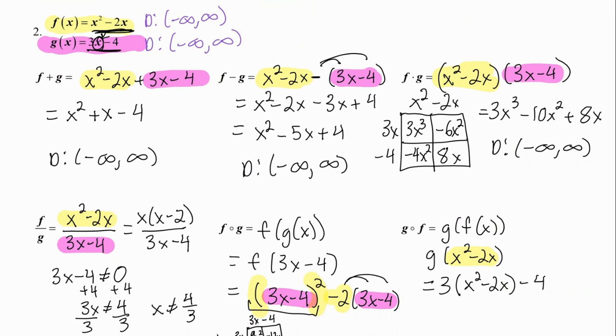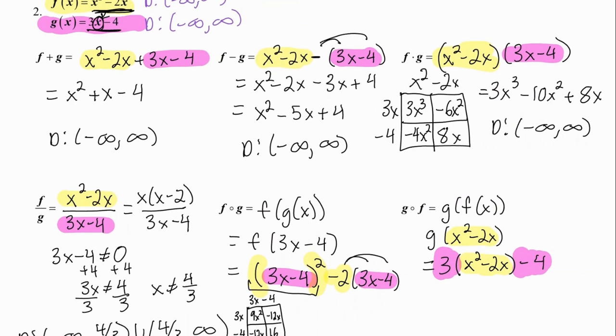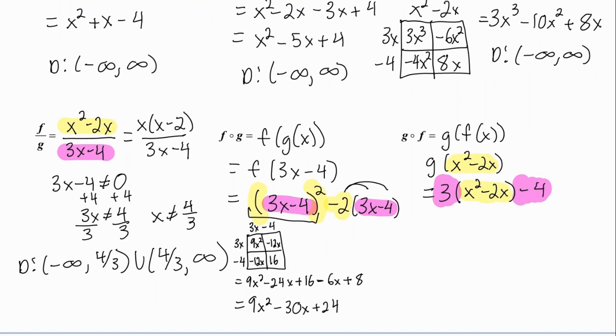So that x squared minus 2x is what we're plugging in, but the 3 and that minus 4 is all from that original g equation. So the only thing we're changing is x there. Okay, so then we would distribute out the 3. So we'd get 3x squared minus 6x minus 4. And again, we don't need to state the domain here. Alrighty, moving on to the next one.